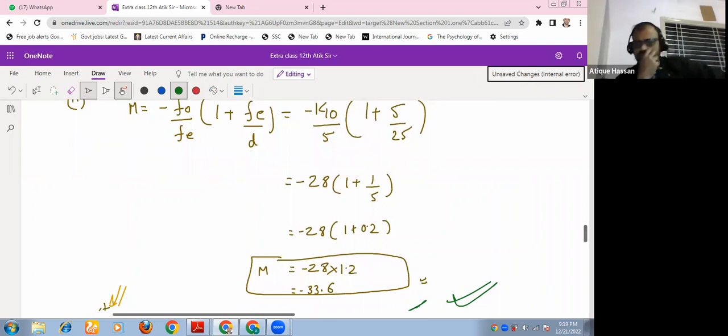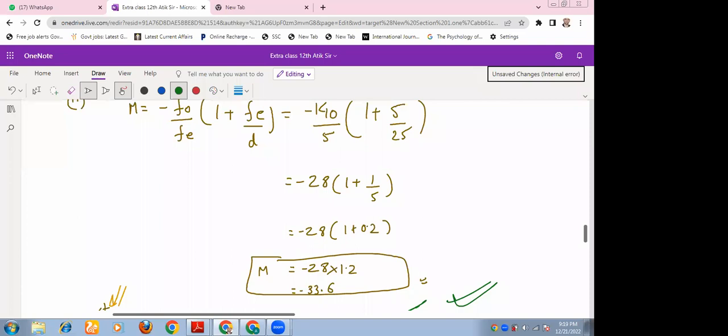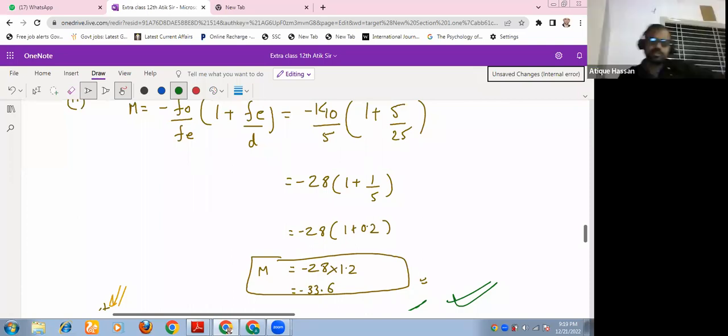33.6. What will be the unit of magnification? Centimeters. Centimeter, right? Anyone else? Unitless, sir. Yes, correct. It should be unitless. There is no unit of magnifying power. Got it?